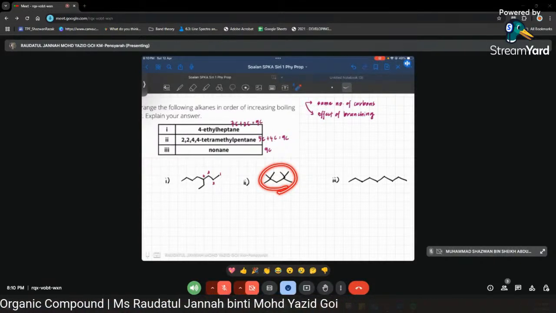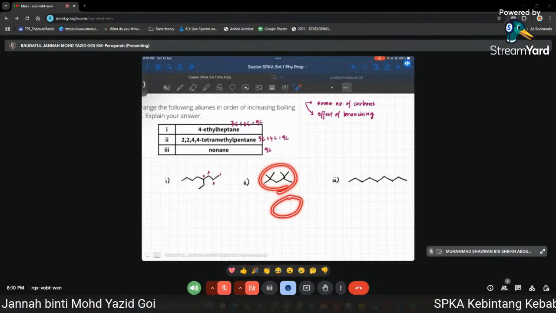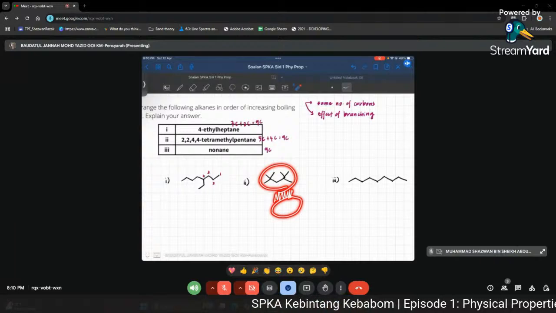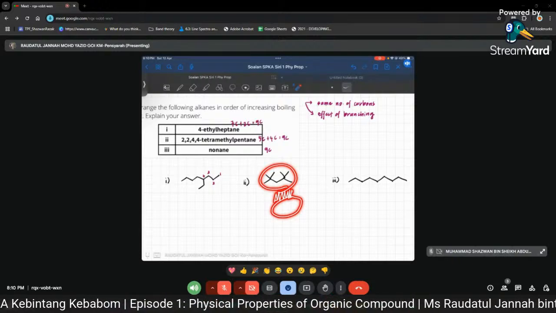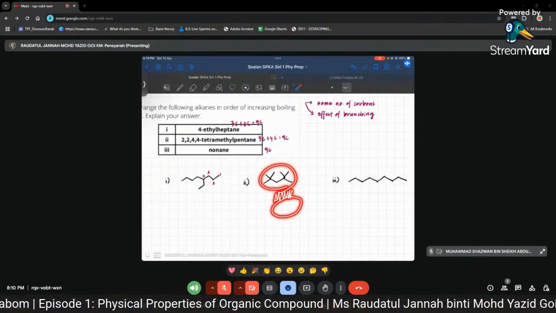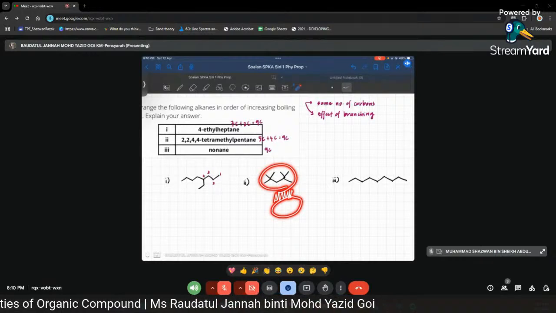So kalau you ada another molecule dalam your container, you can see that dia cover a smaller surface area in contact. So lagi kecil surface area in contact, that means you have less van der Waals forces that can form here, means you have weaker intermolecular forces.